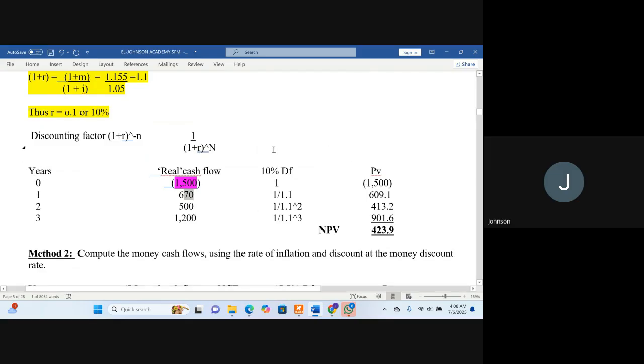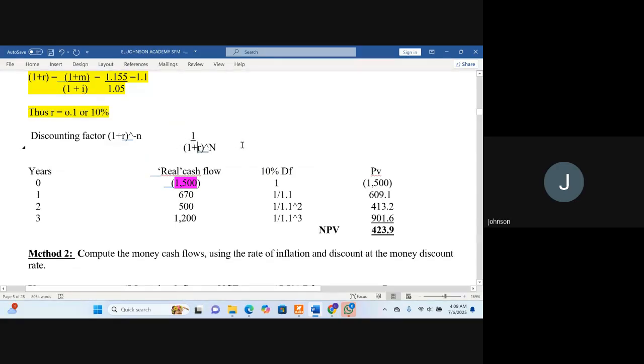Now to discount this, this is year 0, and anything to the power of 0 will give you 1. So this will be 1 over 1 plus r. Our r here is 10%, which is 0.1.